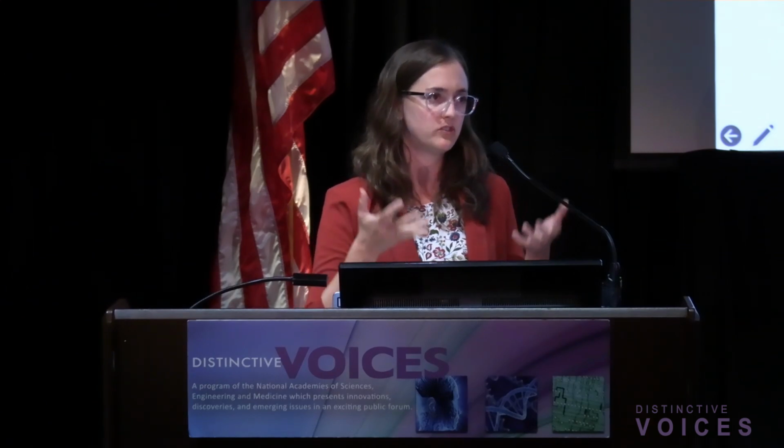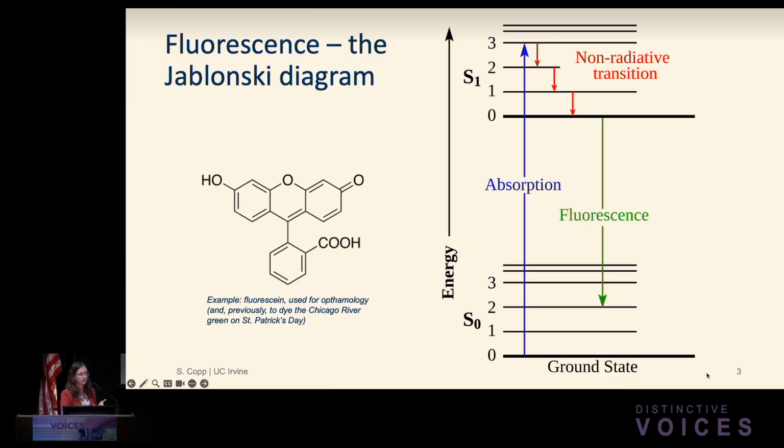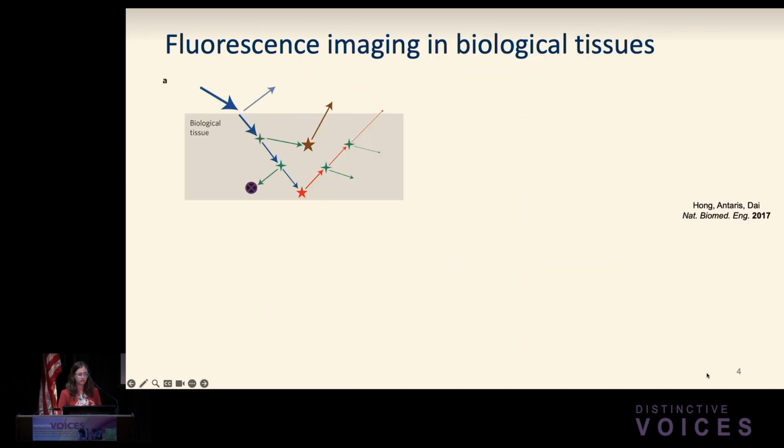Now, let's say that we want to use fluorescence to image deep inside of a tissue instead of just a single cell. Well, in this case, we need to think about all the possible light-matter interactions that can occur. So let's say that we want to image that little red star down there, but it's buried in a bunch of other biological tissue.